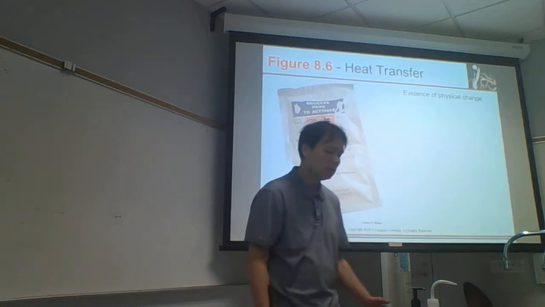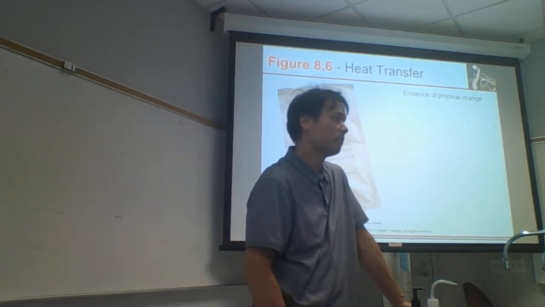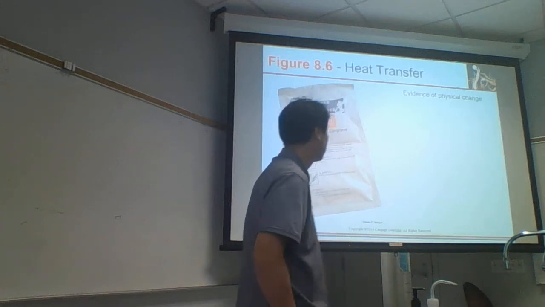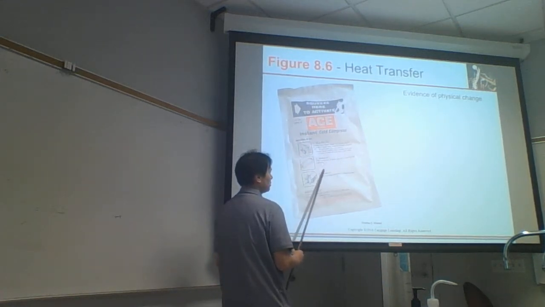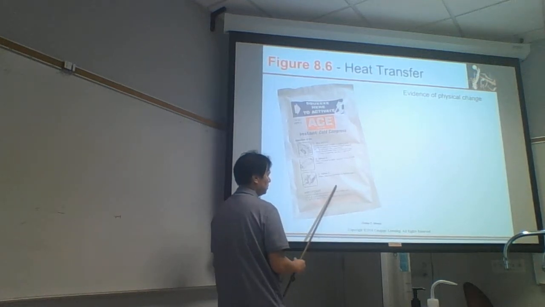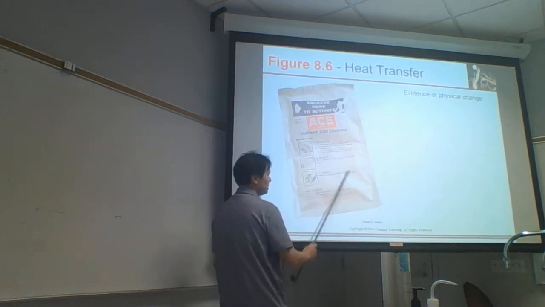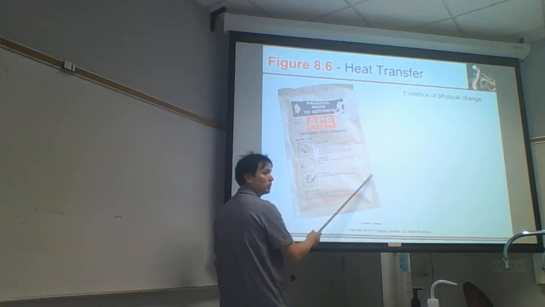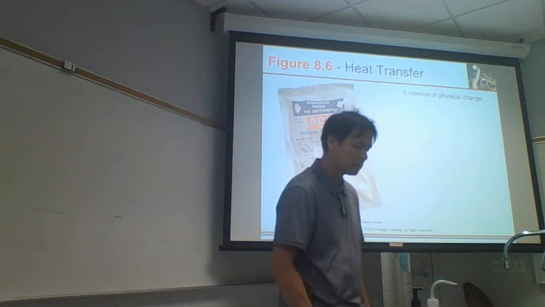When something gets cold, that means it's taking away heat from you or whatever else is in contact with it. And so if something absorbs heat, we call it what? Endothermic. If something releases heat, we would call it exothermic. And so this one is endothermic. Whatever the process is, it's absorbing heat.